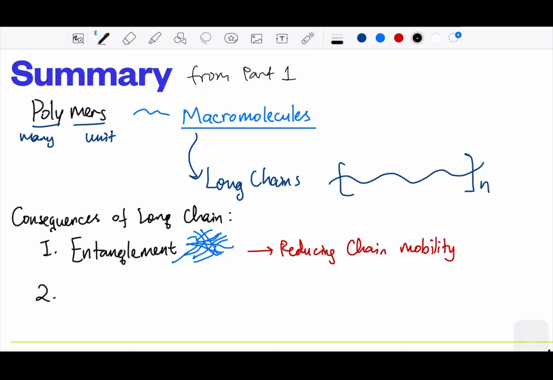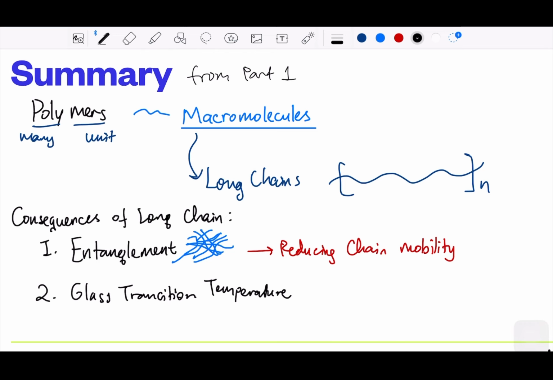Second, related to the chain mobility and the entanglement also, they are influenced by the temperature. Okay, in our case, let me write the glass transition temperature. Okay. Do you remember? The glass transition temperature, I slightly discussed that this is related to the amorphous phase.